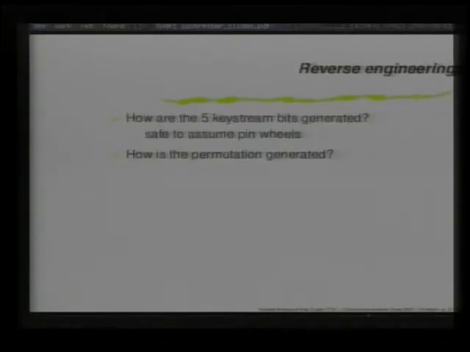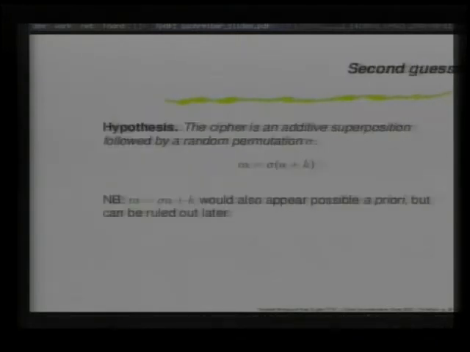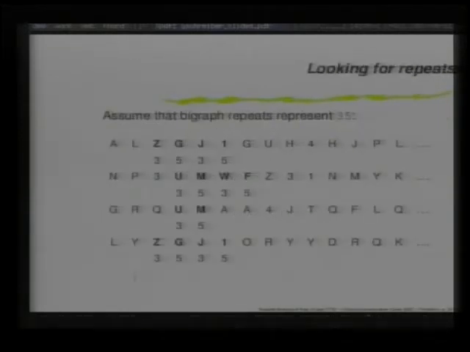Okay. Well, maybe I should go back to the picture. It might make it a little easier to understand. Right, so here you see GU35 in this row.